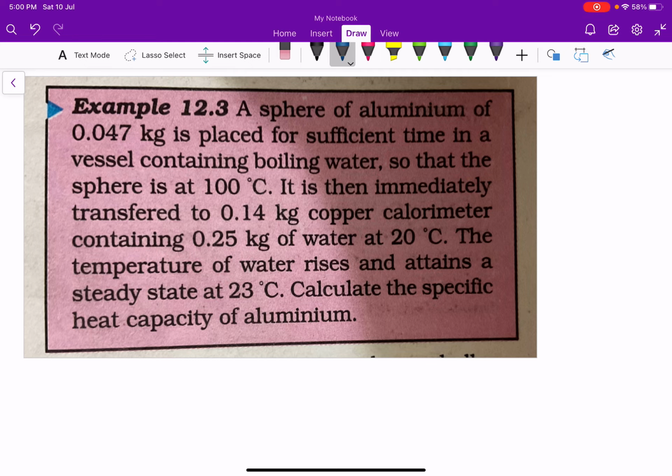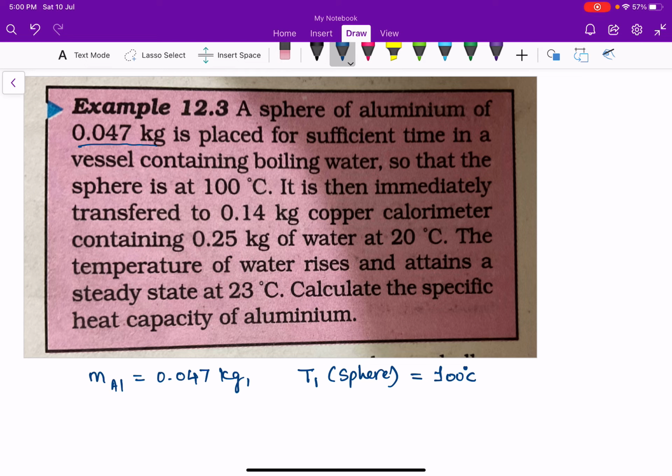A sphere of aluminum of 0.047 kg. Mass of aluminum is equal to 0.047 kilograms. It is placed for sufficient time in a vessel containing boiling water, so the sphere is at 100 degrees Celsius. So the initial temperature of the sphere is 100 degrees Celsius.